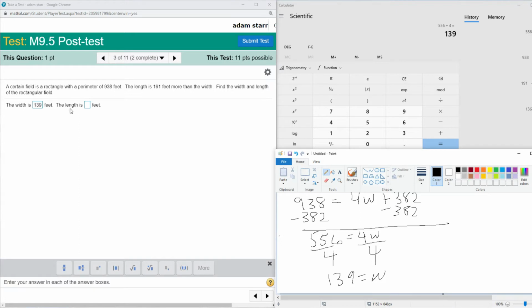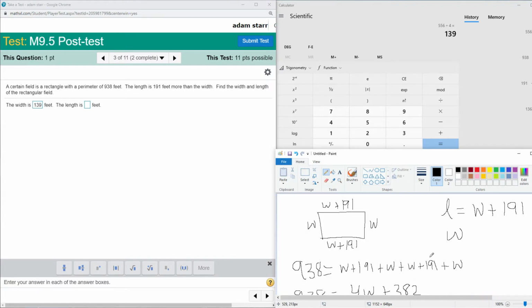But it's still asking for the length. So if I come back up here, I know my width is now 139, but I need to find my length. I created this equation, it was one of my first steps. I know what my W is now, so I'm just going to substitute that W in here and add this 191 to find what the length is.